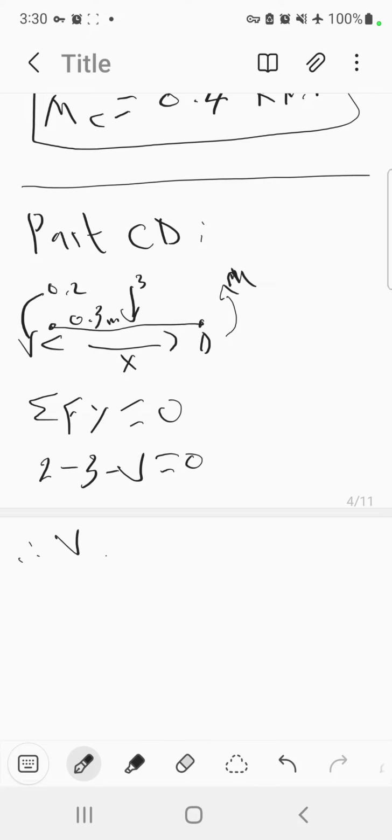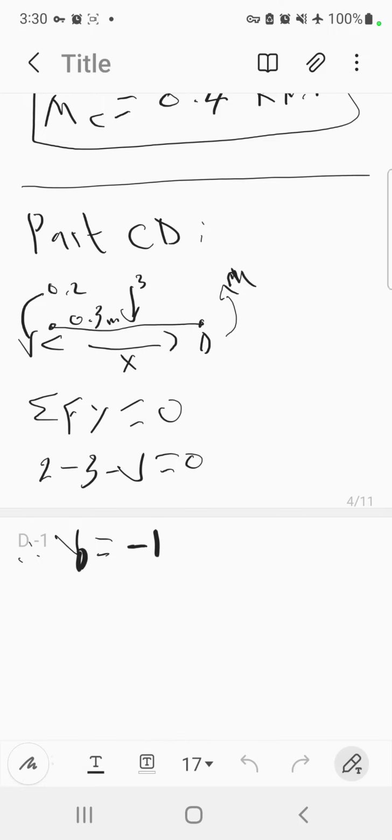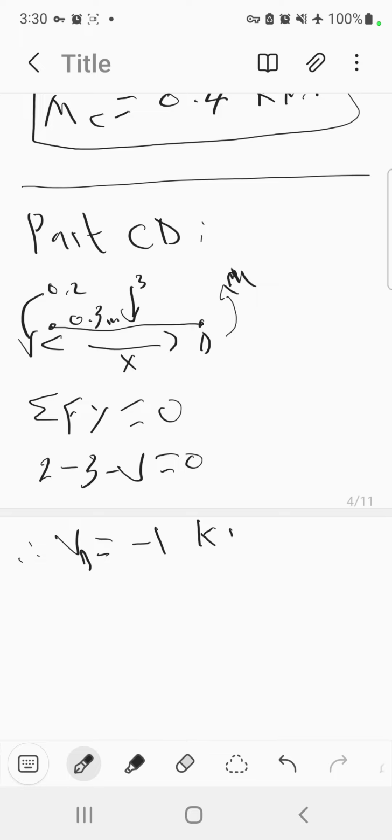So V equal to minus 1. This one actually VD. Okay, VD is going to be minus 1 kilonewton.